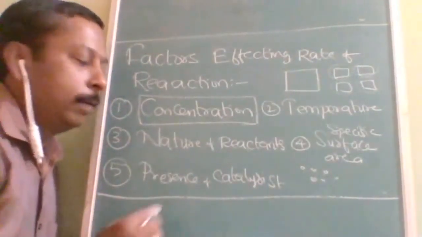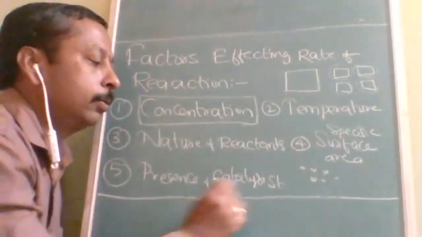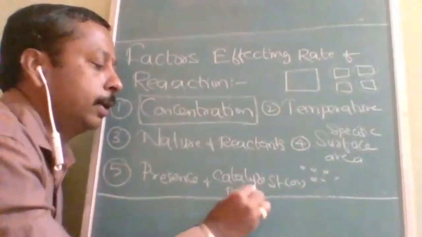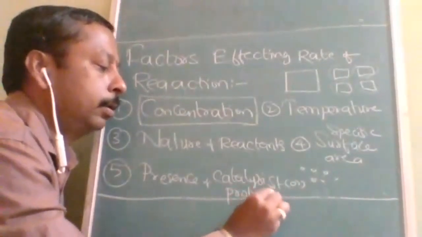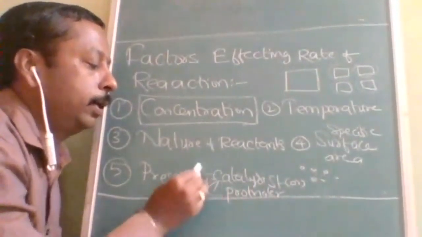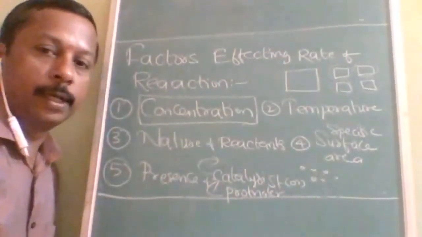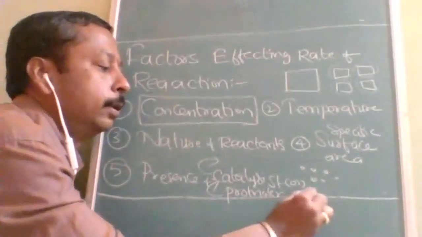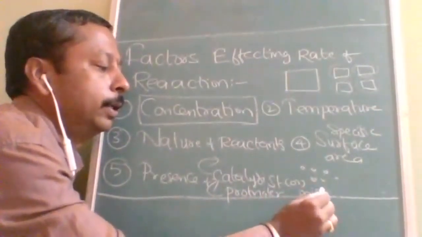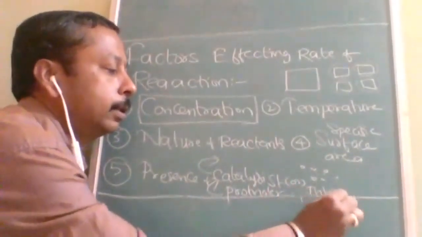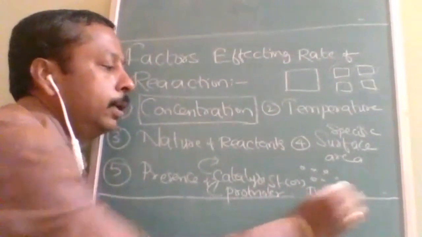Sometimes in the presence of a catalyst there are certain substances called promoters. A promoter will improve the catalytic property of the catalyst. In the same way, catalytic poisons are called inhibitors.